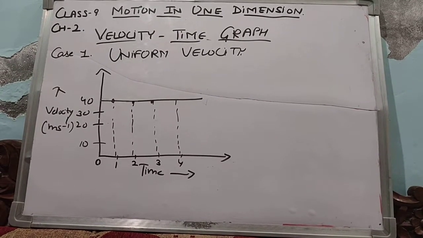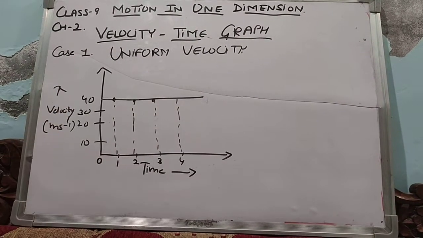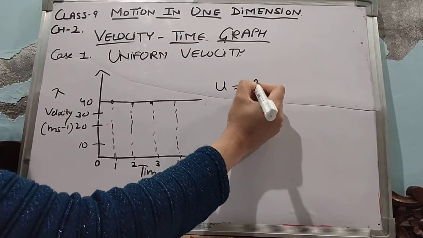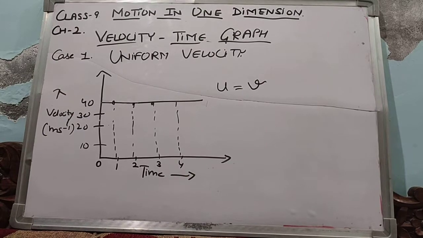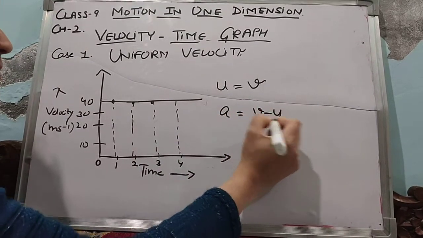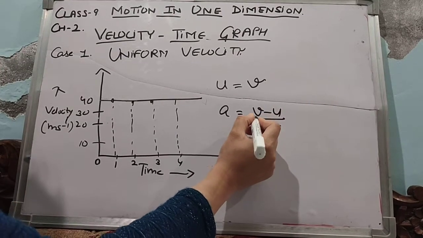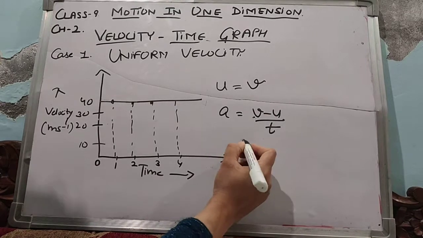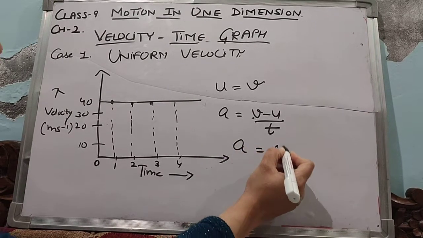Students, remember in this case, for uniform velocity, your initial velocity of a body is equal to the final velocity of a body. As we all know, acceleration is equal to v minus u upon t. If initial velocity is equal to final velocity, in that case acceleration will come out to be 0.